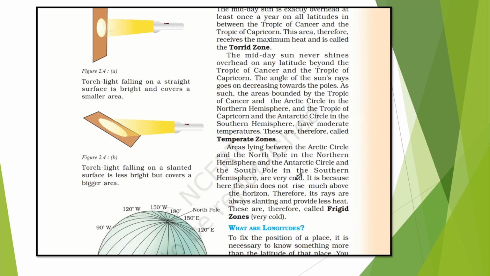It is because here the sun does not rise much above the horizon. Therefore, its rays are always slanting and provide less heat. Therefore they are called the frigid zone.